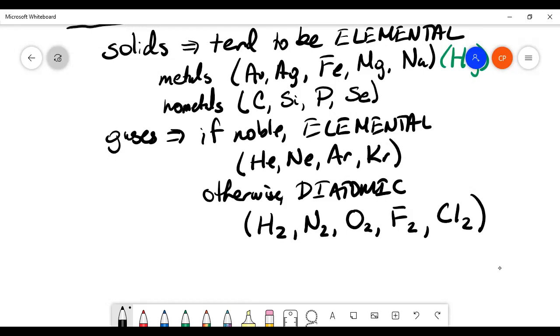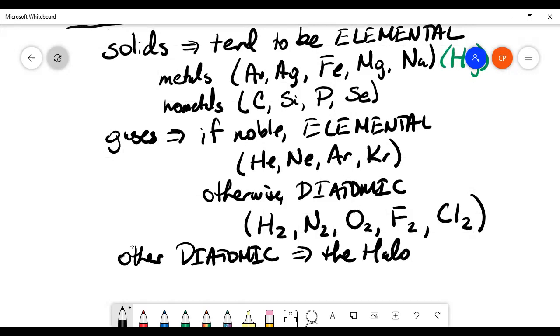Fluorine and chlorine are interesting because they are gases that are immediately below one another on the periodic table. They're in a column. And it turns out that the other members of that column are diatomic as well. The halogens are always diatomic.